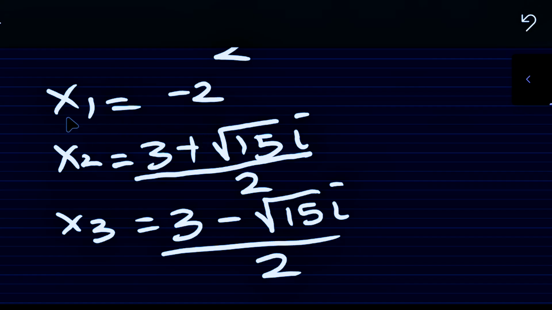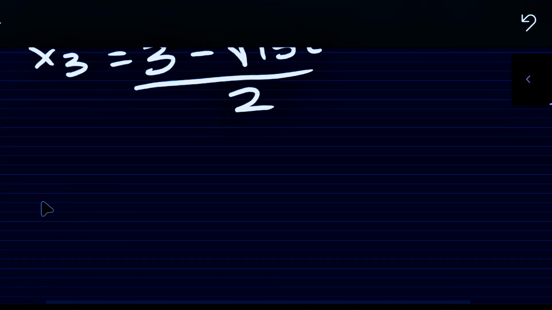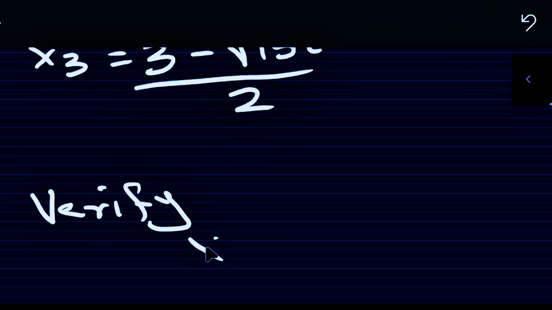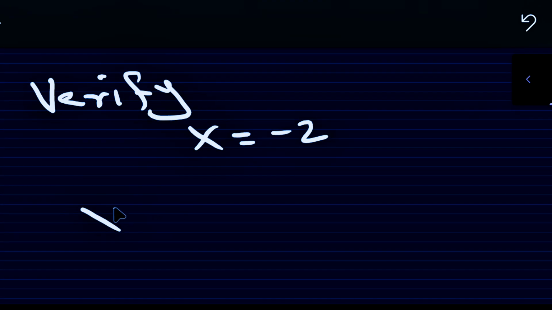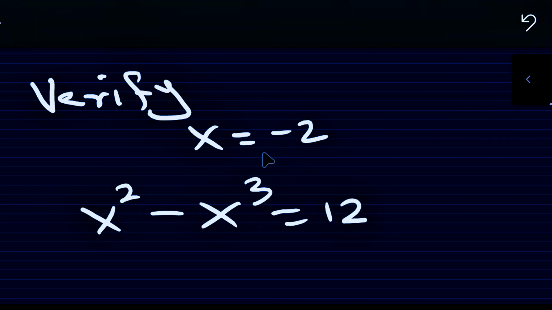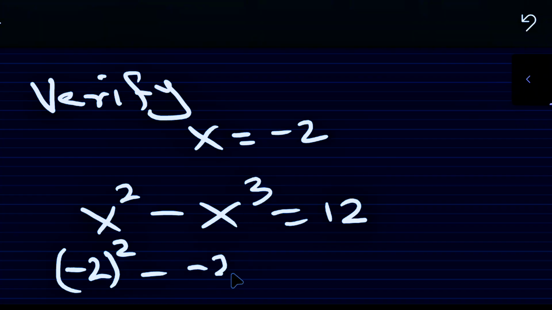So for that reason, we are going to verify with this real value, which is minus 2. We are going to verify to see if that will satisfy the equation that we are given. Now, when x equals minus 2, from our equation, which is x squared minus x cubed equals 12, let's substitute this value for x here. So we are going to have minus 2 squared minus minus 2 cubed equals 12.